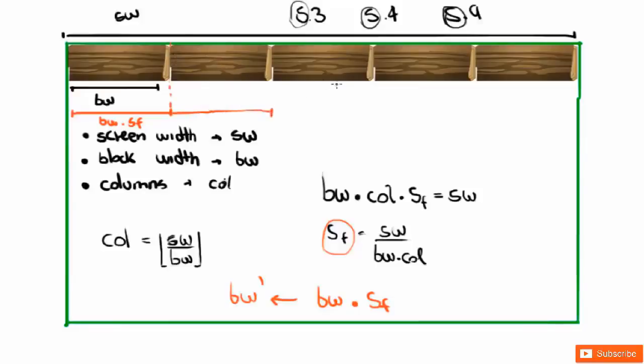And if we do this 5 times, or the number of columns, we're going to end up having the last block ending at SW, which is here, and SW is of course the screen width. So this is our little golden equation, let's say, for having this nice behavior here.